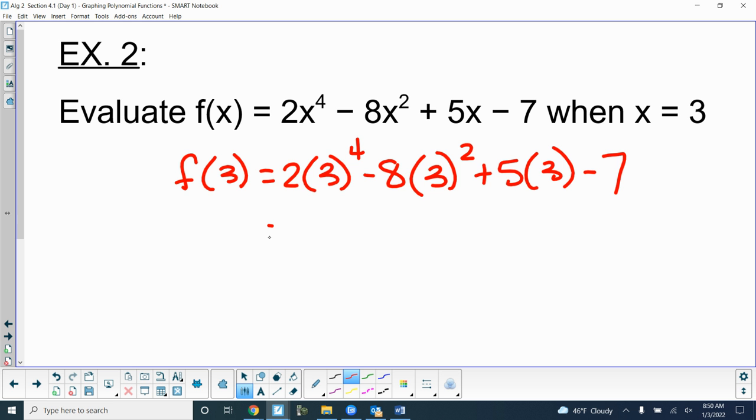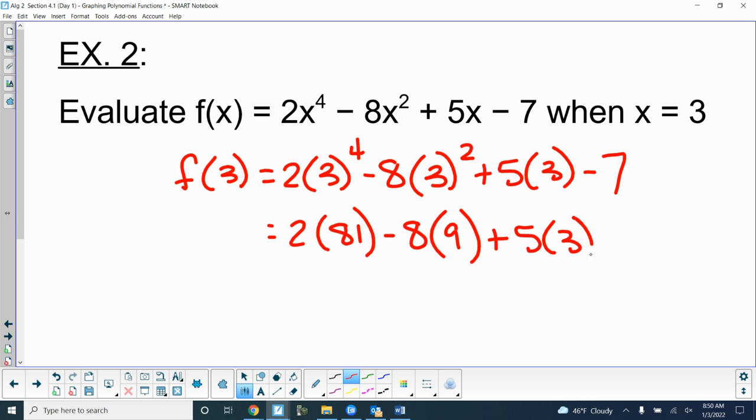If I'm doing it by hand, 3 times 3 times 3 times 3, 4 of them, is 81. And then 3 times 3, 2 of them, is 9. So doing the exponents first, you got an 81 and a 9 there.